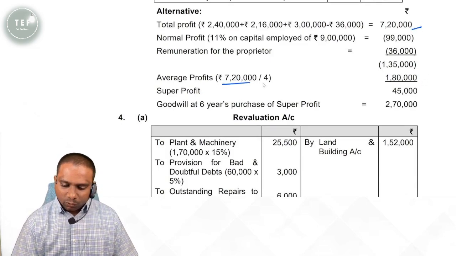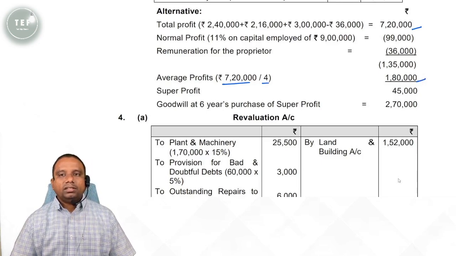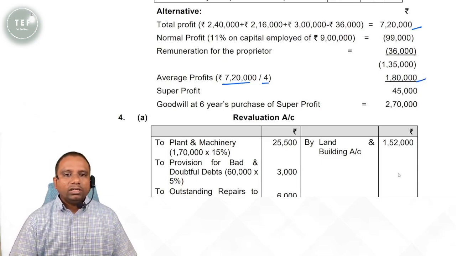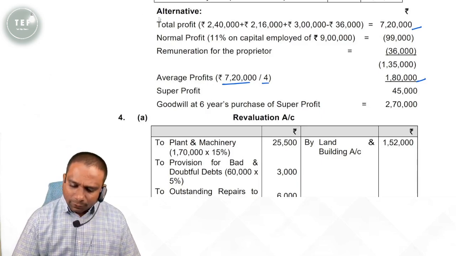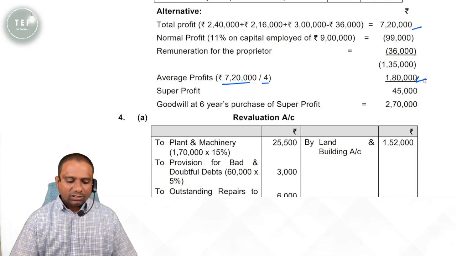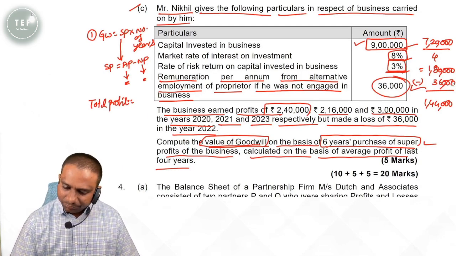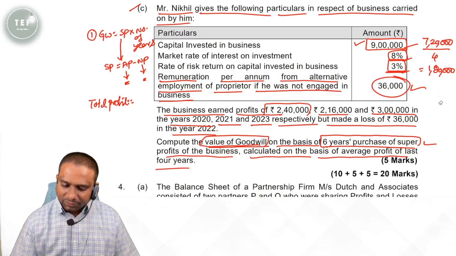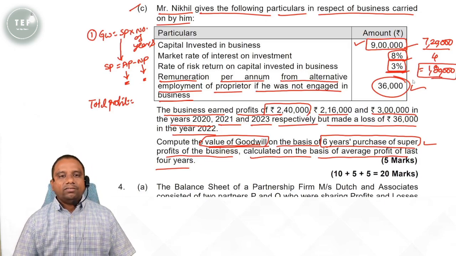Average profit 7,20,000 divided by 4 is 1,80,000. So 1,80,000 is our average profit, students. All correction.